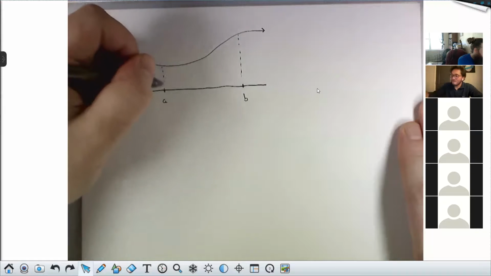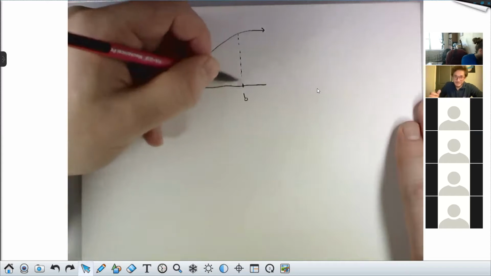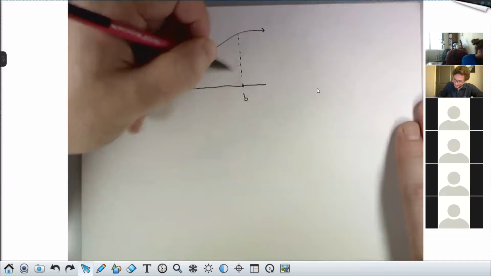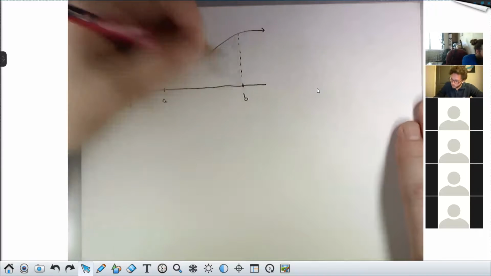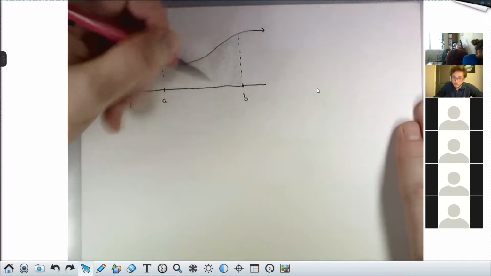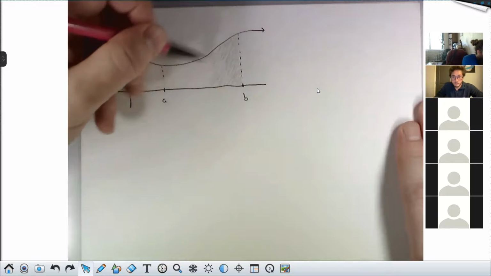The average value is the unique constant function which encloses the same area as f itself over the interval AB. That's my favorite way to think of this.